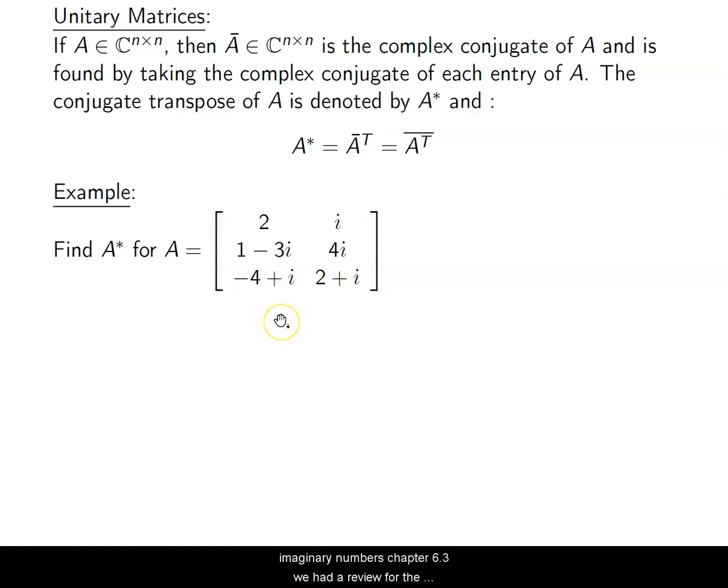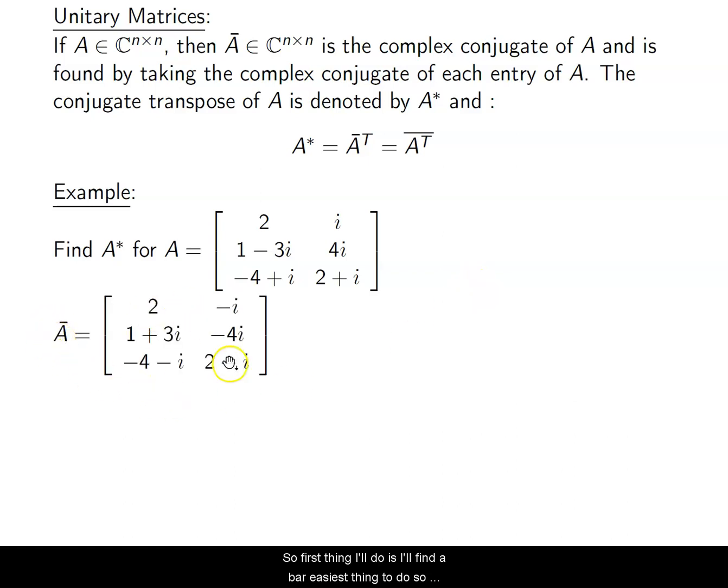If you need to review your imaginary numbers, in chapter 6.3 we had a review in the first half of that video on the way complex numbers work: adding, subtracting, dividing, multiplying, looking at them as vectors, moduli. The first thing I'll do is find A bar, because it's the easiest. I'm just negating the imaginary parts.